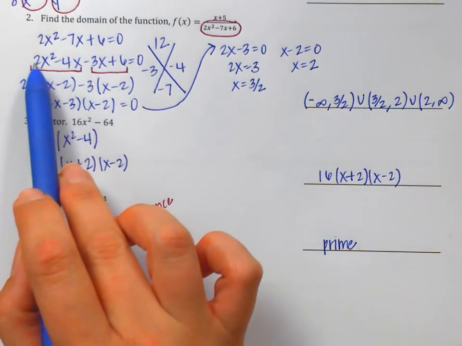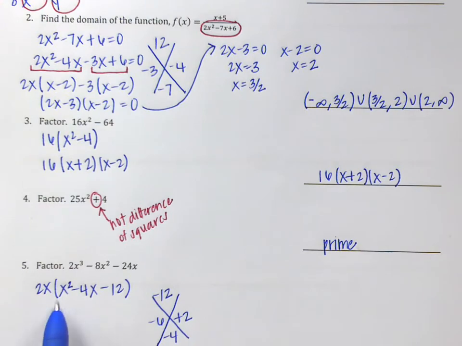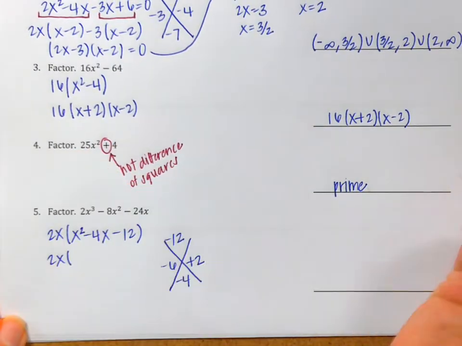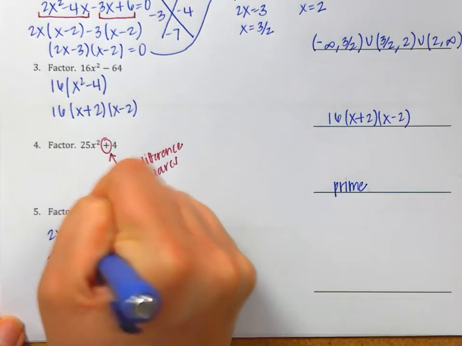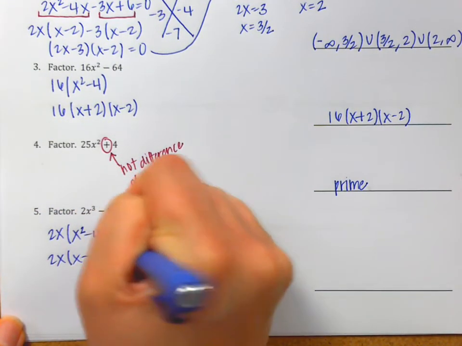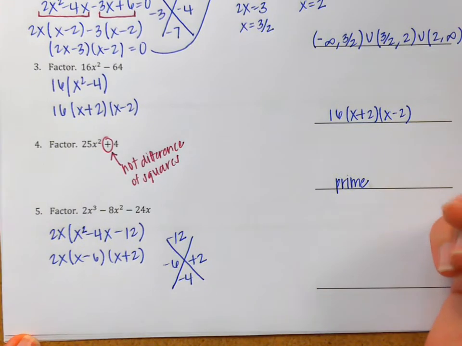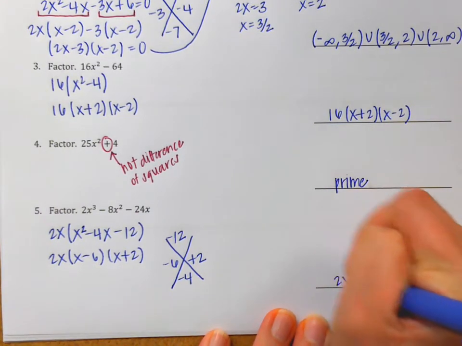I do when a is greater than 1. But when a is equal to 1, I can just go ahead and do 2x times x minus 6 times x plus 2. If you wanted to split the middle term and do the method that we did above, that's fine too. Works. Okay, so then it is fully factored.